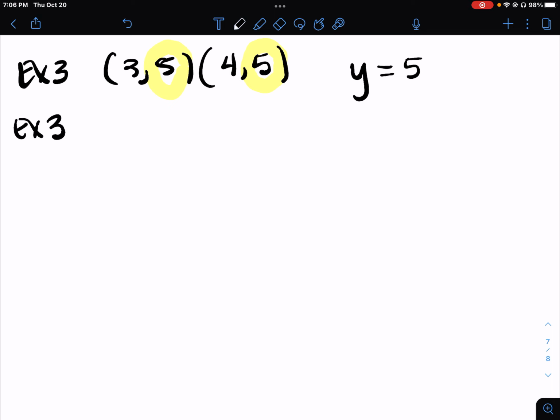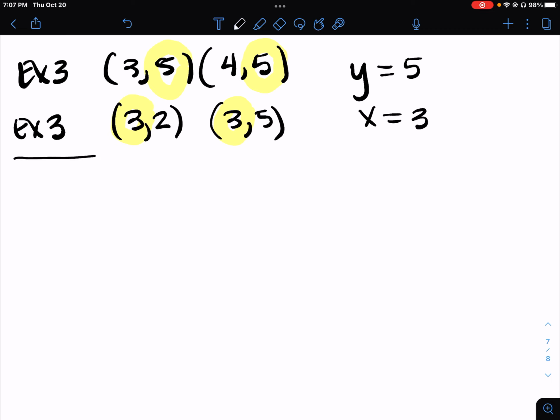Okay. What about where the x's are the same? What if they have the same x's? Okay, so this equation would be x equals 3. Okay, and that should have been example 4.